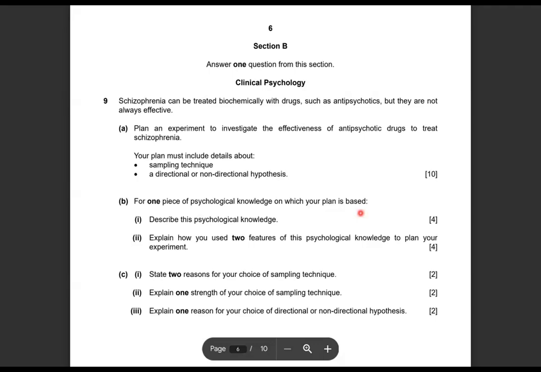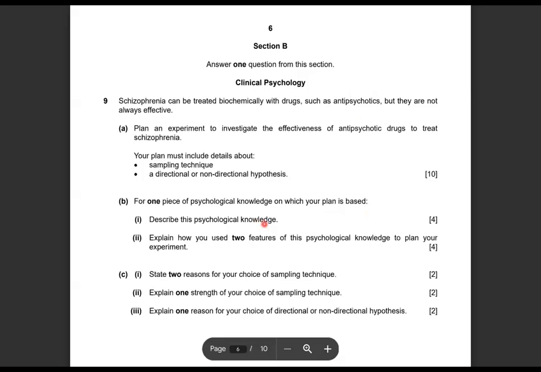The biochemical treatment of schizophrenia, right? So you should be able to immediately figure out which chapter, which section, which topic, which study this design study is based off from our syllabus. So this is the biochemical, specifically the antipsychotic drug treatment of schizophrenia.